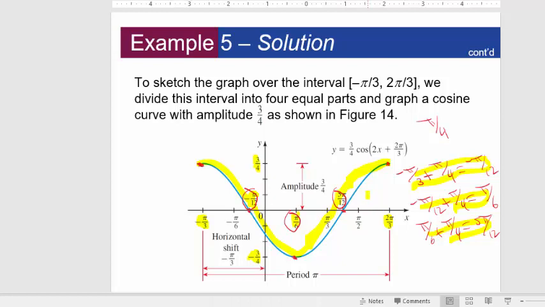And again, these are called your quarter points. So there's really 3 additional points that you'll always need to find. You'll know what your starting point is and your ending point, and then you'll need to find those 3 other quarter points that lie between that starting and ending point.